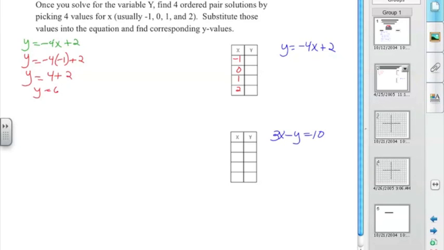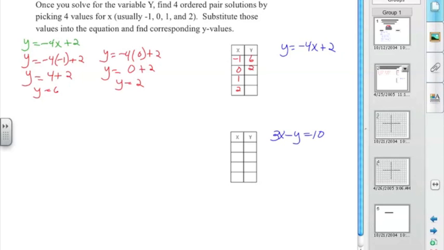So when x is equal to negative 1, y is equal to 6. We will do this problem again, but this time with 0: y equals negative 4 times 0 plus 2. Simplifying, y is equal to 0 plus 2, so y equals 2. So when x equals 0, y equals 2.